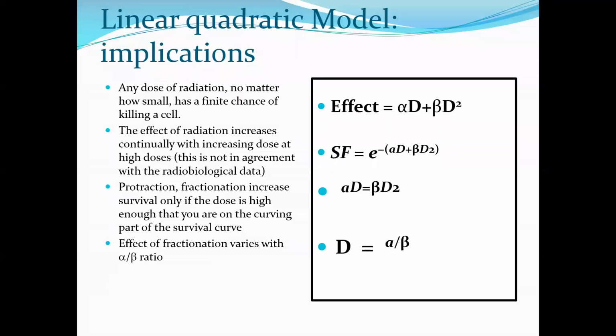So this is what the linear quadratic model implies. Any dose of radiation, no matter how small, has a finite chance of killing a cell. That effect is alpha D plus beta D squared. So the surviving fraction is this exponential. The dose at which the cell kill due to direct damage and the square of damage is equal is the ratio of alpha by beta.